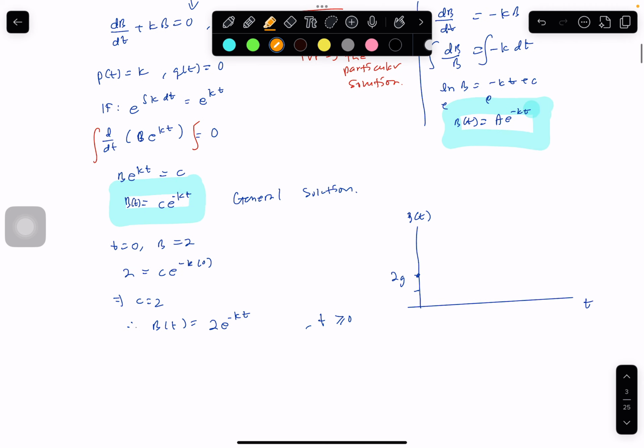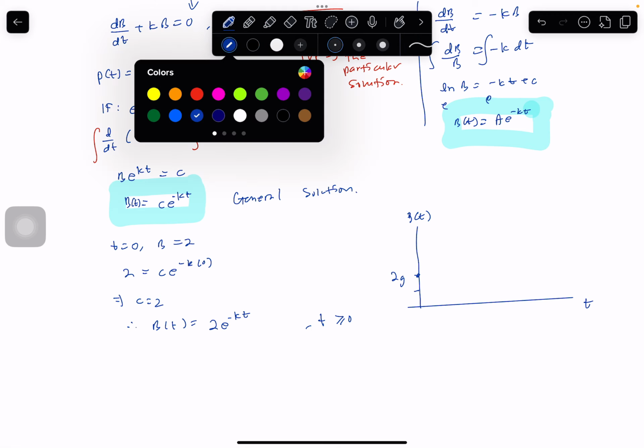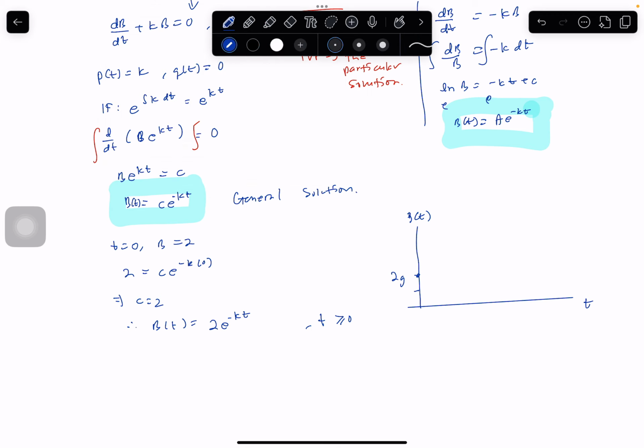So when t goes to infinity, what happens? Right? So it starts from when t is 0, b is 2, and we can see that the exponential function is decreasing. So as t goes to infinity, your b of t is equal to 2e to the minus kt, and the amount is decreasing.